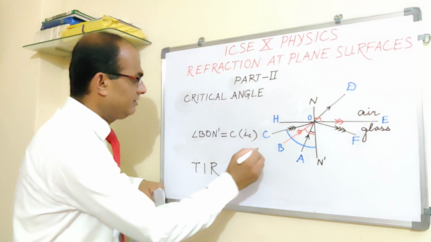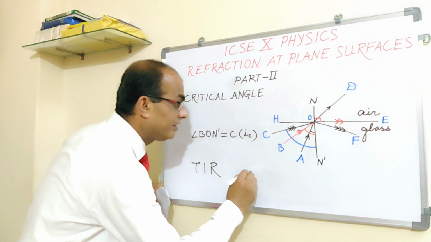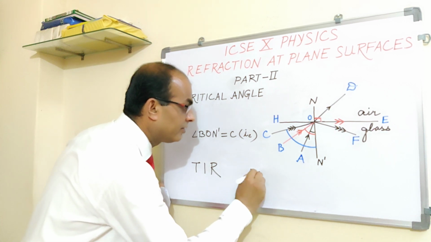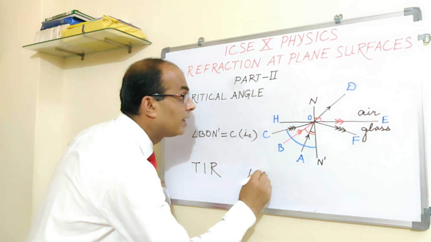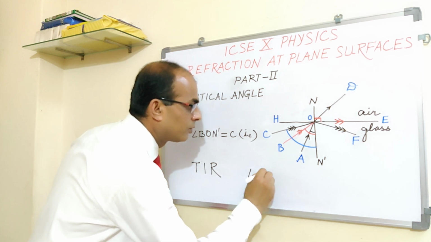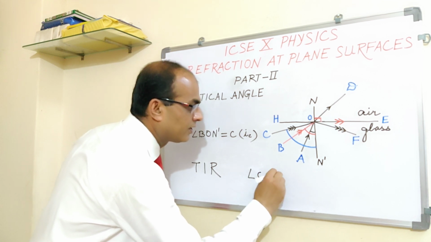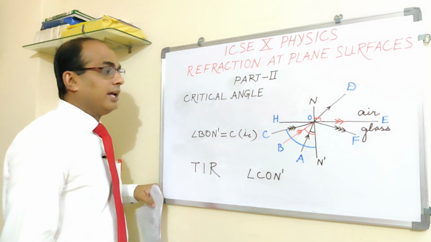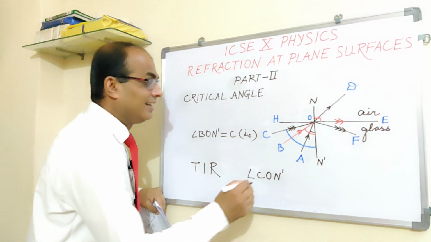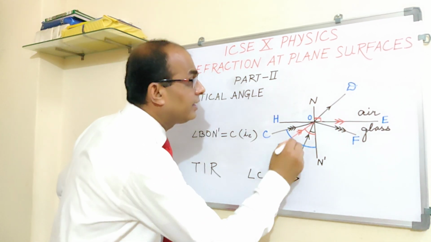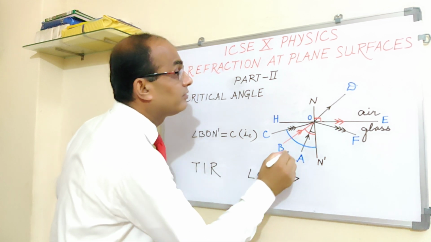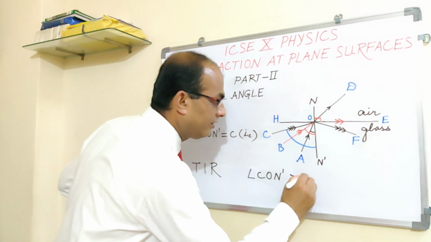See, the angle of incidence in this case is what? C, O and N dash. And this angle of incidence is more than the critical angle. What is the critical angle in our case here?